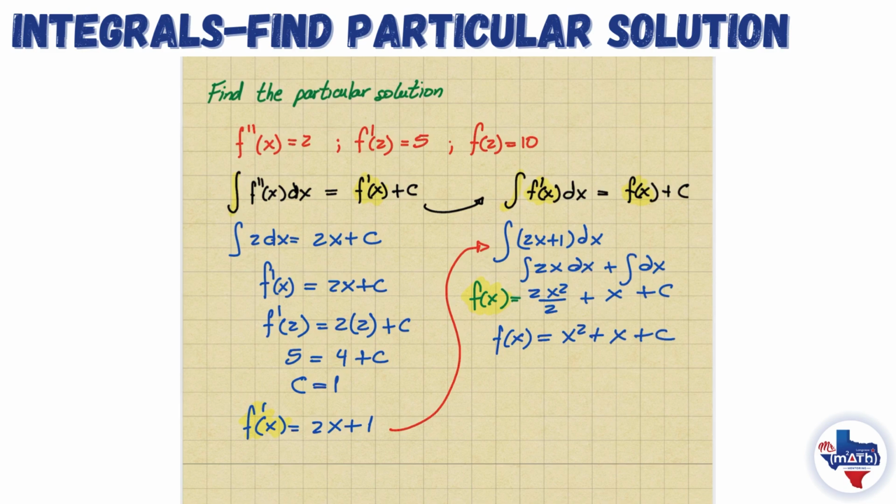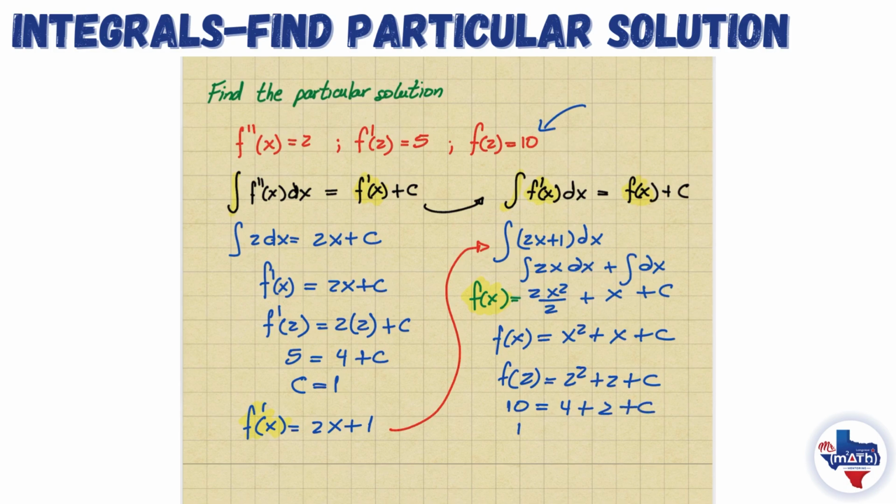What do we know about this original function? We know that f of 2 should be 10. Let's evaluate on 2 first. This will be 2 squared plus 2 plus c. So my f of 2, we know that is 10. So we have 10 equals 4 plus 2 plus c.